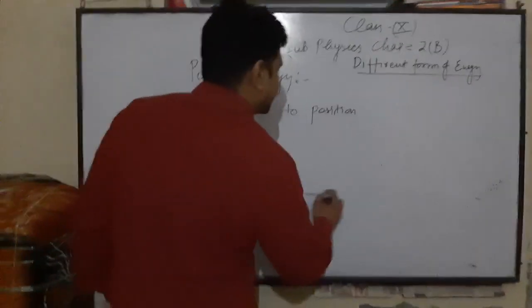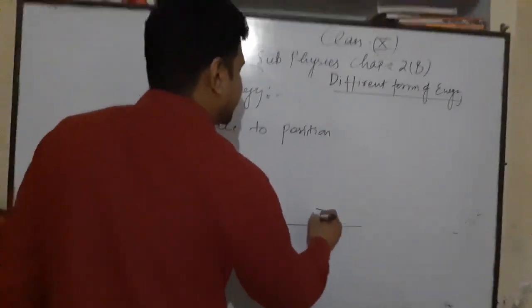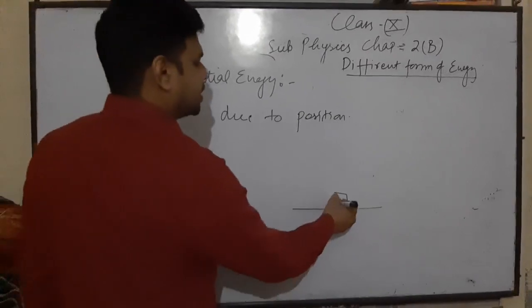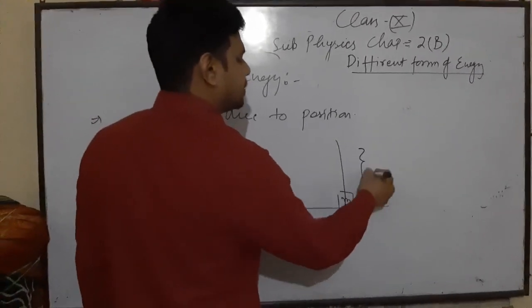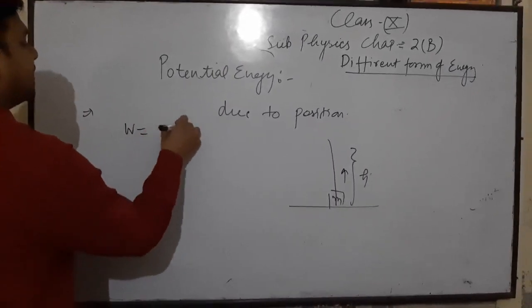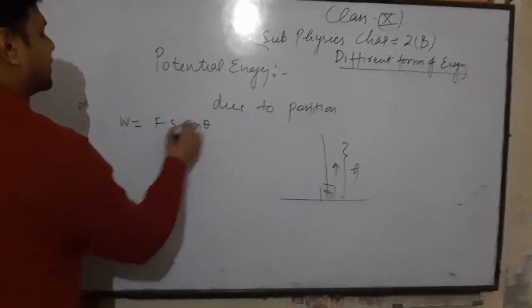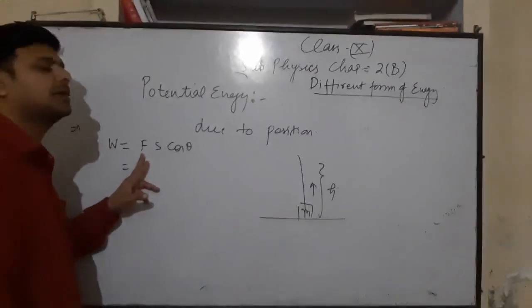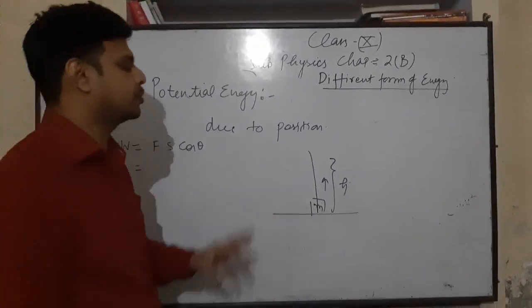Suppose we have an object of mass m. So if we lift this object through height h, the work done is given by Fs cos theta. Here F is the external force applied on this object.